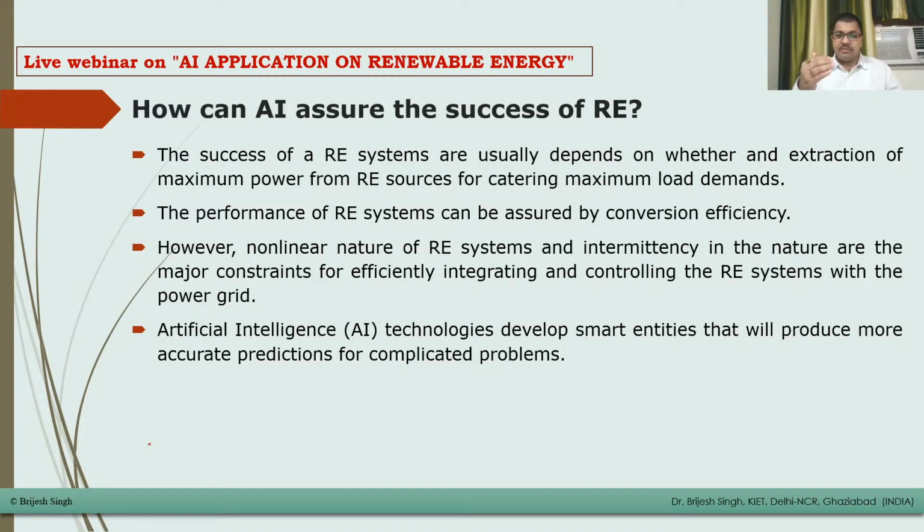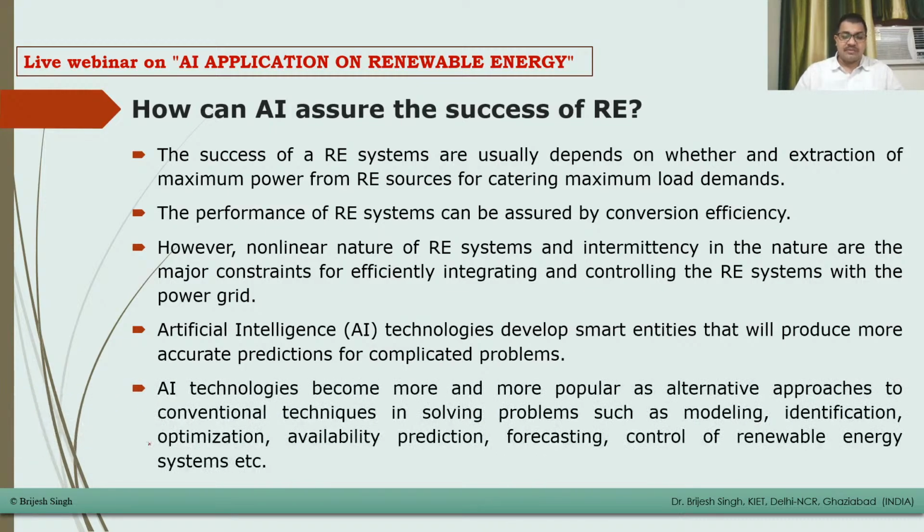If you go with a step-by-step solution technique or computational technique, it not only takes a large time, but the chances of error in your computational process are also possible. But if you go with artificial intelligence, it is faster. Why? Because it predicts the possible solution for any complicated problem. That's why for solving complicated problems we are using artificial intelligence.